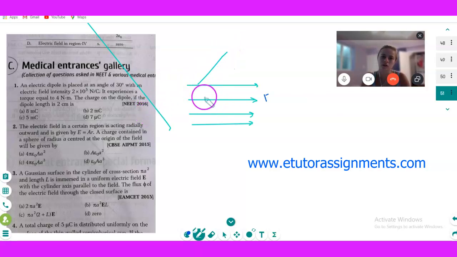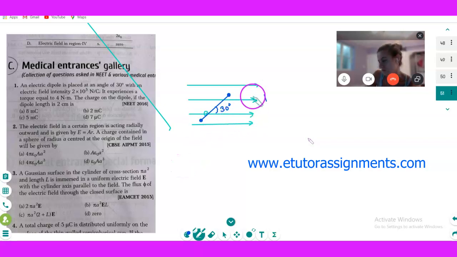A dipole is nothing but two charges. Here you take one charge, here you take another charge, and join the line. This line makes 30 degrees with the electric field. Is it clear?